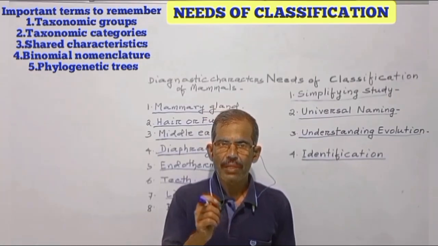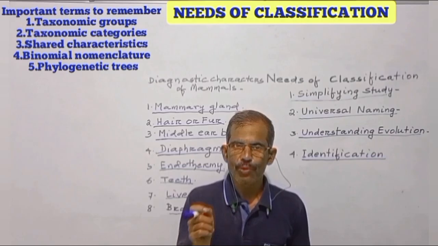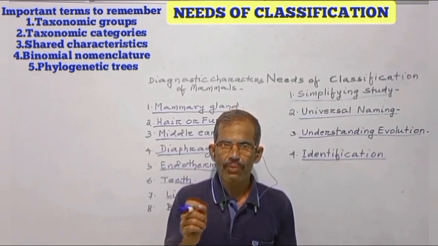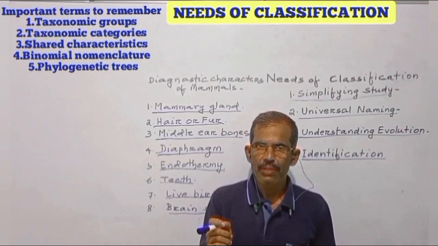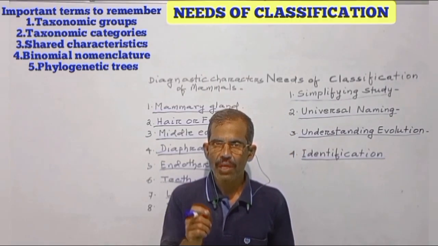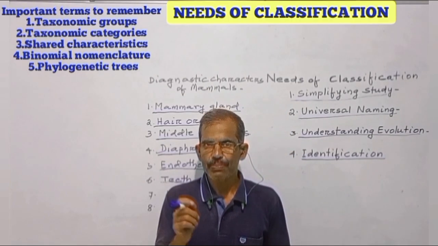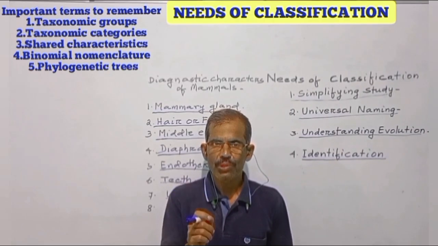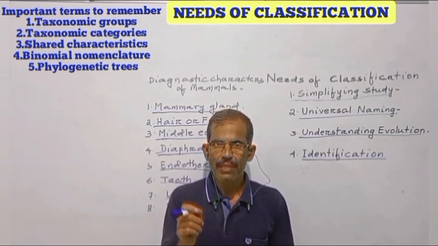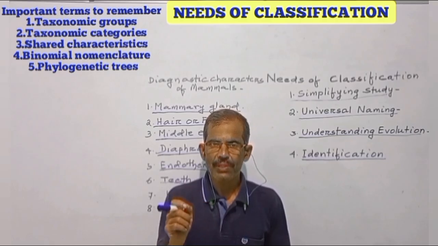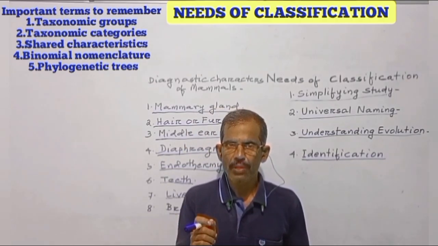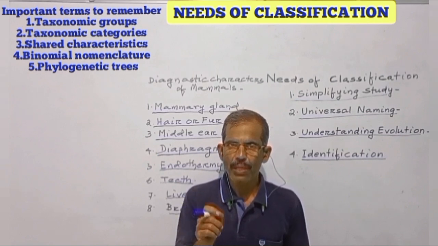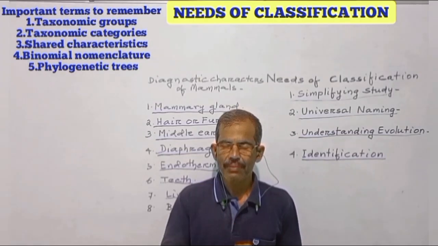The scientific names of different taxonomy groups remain the same throughout the world. For example, the scientific name of Indian rose is Rosa indica. It is a species in which Rosa is the genus and indica represents the specific epithet. Wherever you go or in which part of the world you may be, Indian rose has the same scientific name.